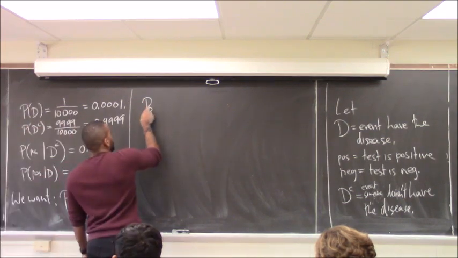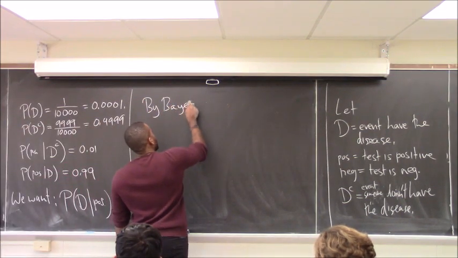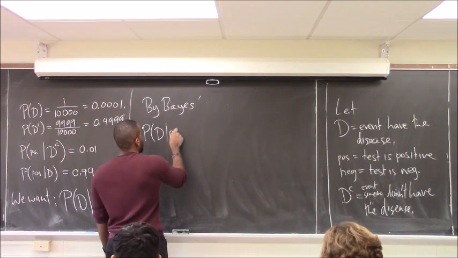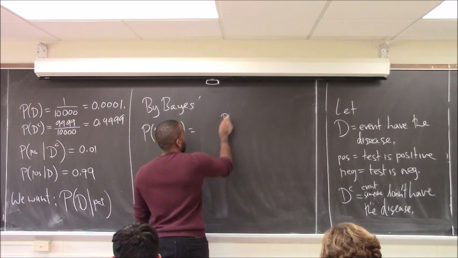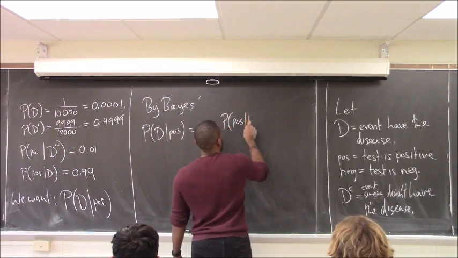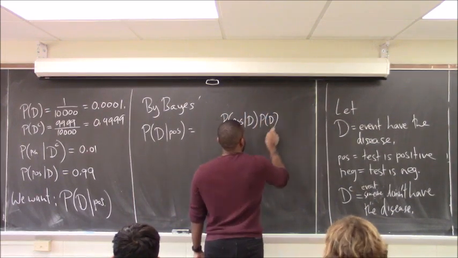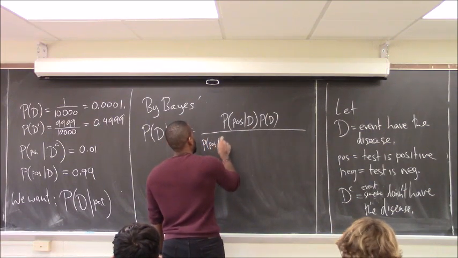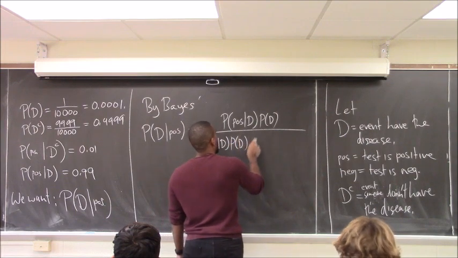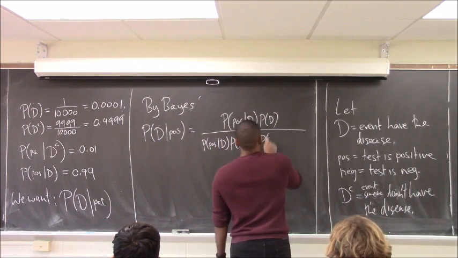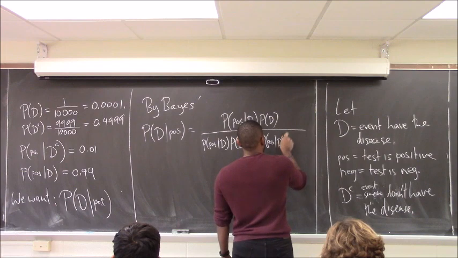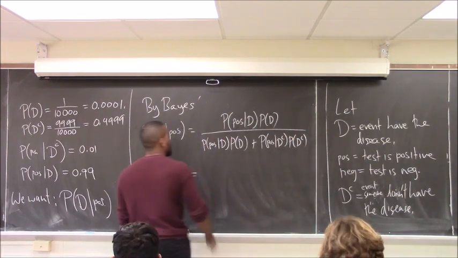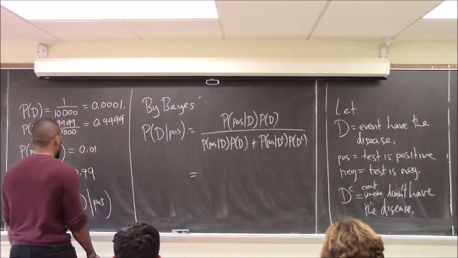So, by Bayes' theorem, the probability of D given POS is going to be the probability of the opposite, POS given D, times the probability of D, over POS given D times the probability of D plus POS given D complement times the probability of D complement. And let's just plug in the numbers.